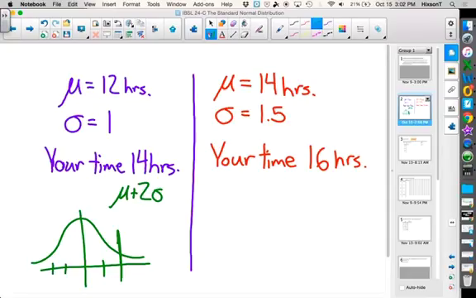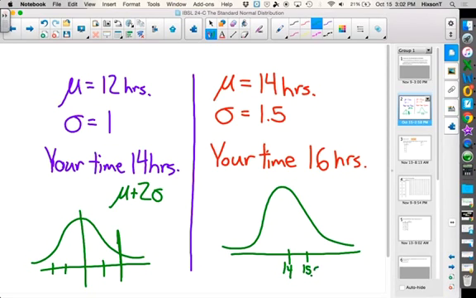But here you have 16 hours. Even though your time is higher, notice that if here is our mean, 1 standard deviation would be at 15.5. The second standard deviation would be at 18 hours. So the fact that you're at 16 hours, you're right there.